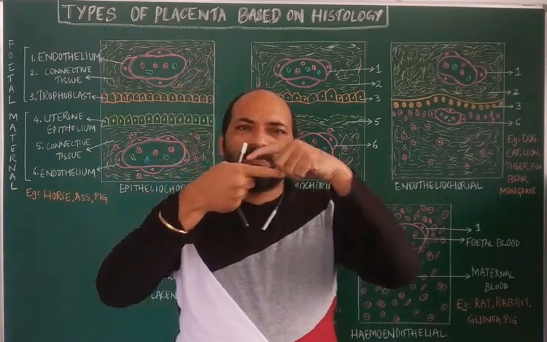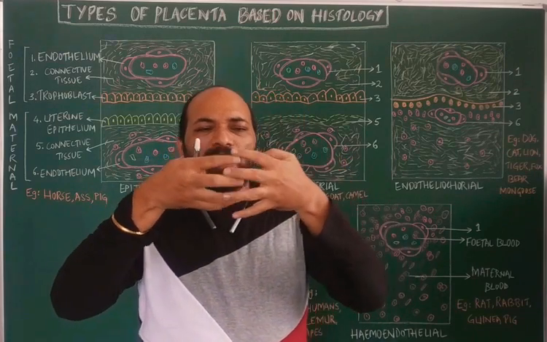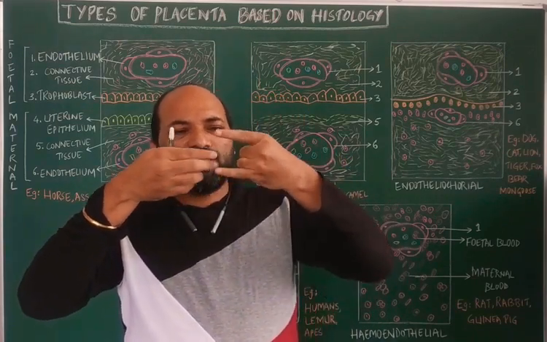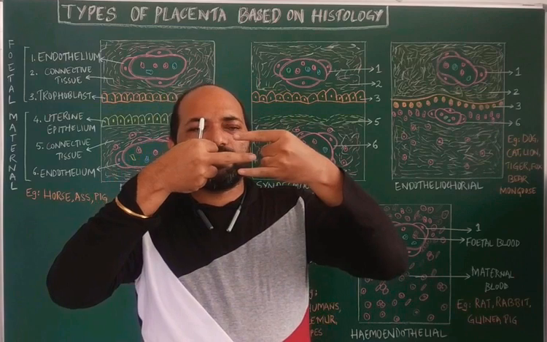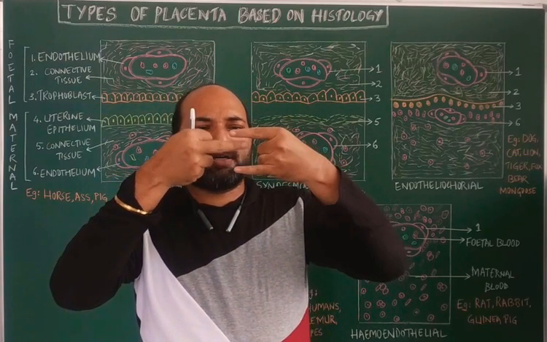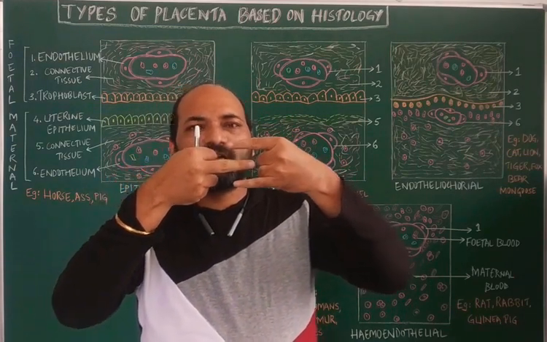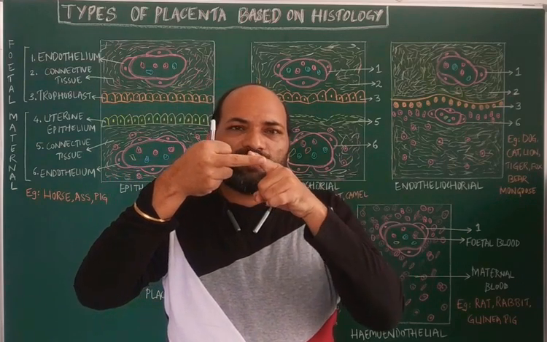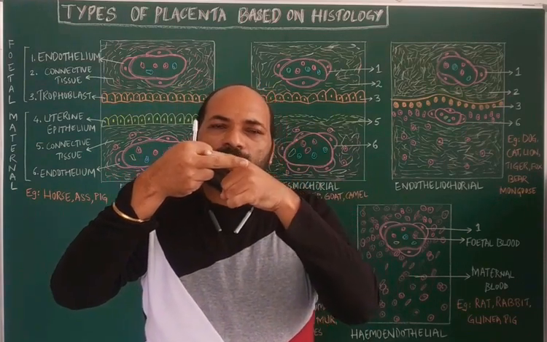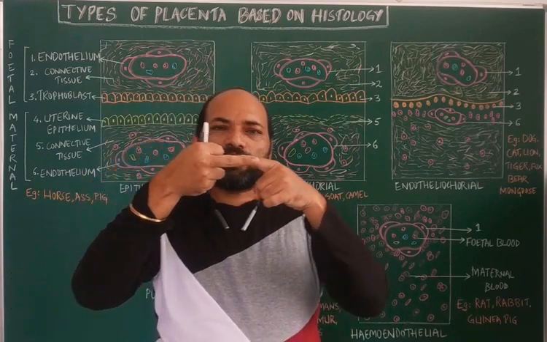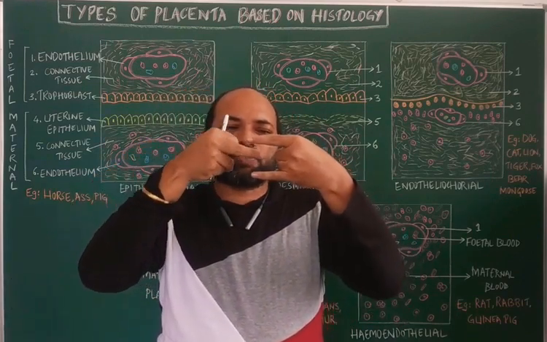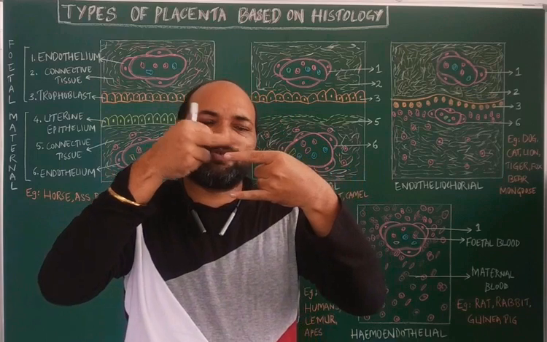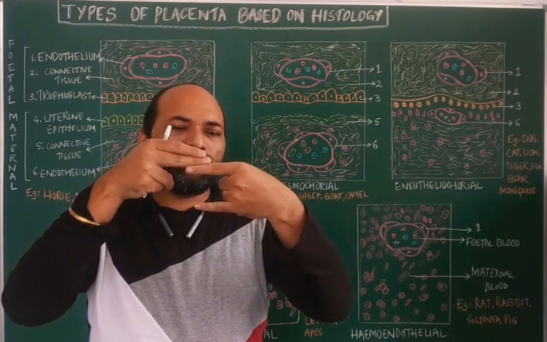from the maternal circulation reach the placenta. Here, if you see, this is a blood vessel and in between the two digits there is a space. That is called the lacunae. The maternal blood vessel brings the nutrients as well as the oxygen, and that first diffuses into the lacunae and thereby diffuses into the fetal blood vessel.